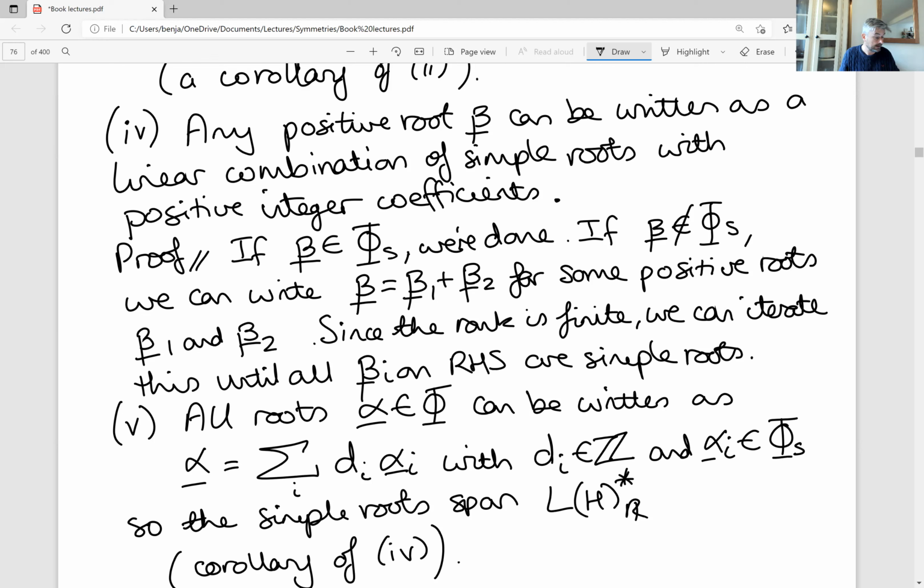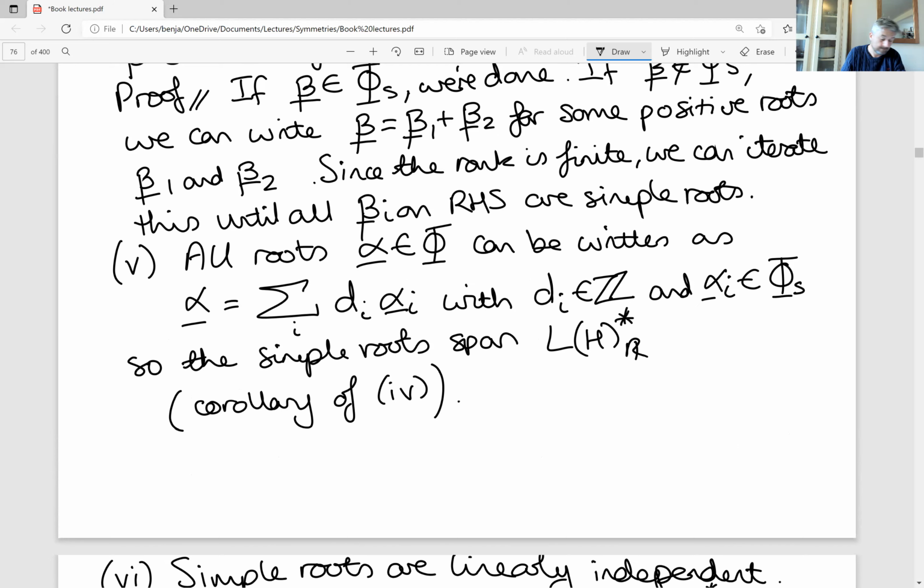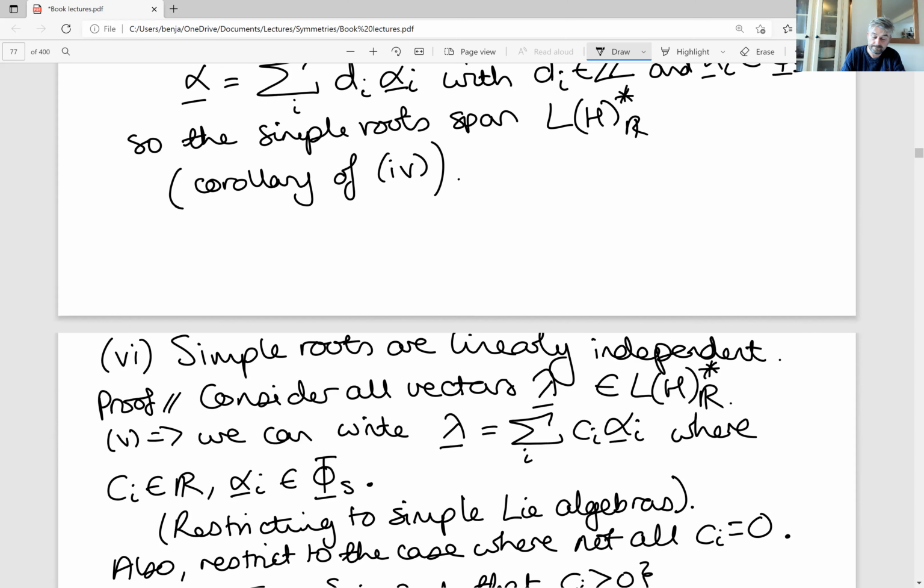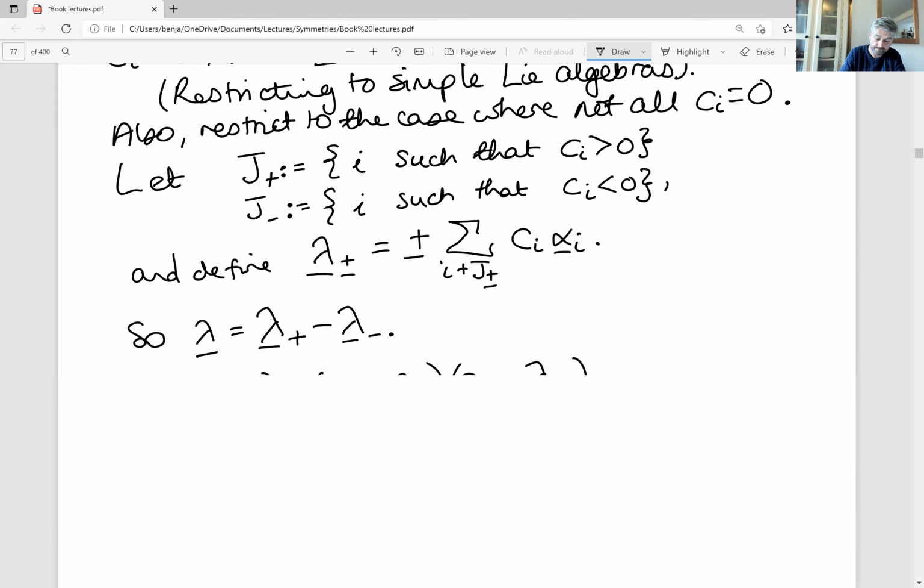So that means the simple roots span this dual space, and so therefore, by both of those properties, the simple roots are a basis for the dual space to the Cartan subalgebra.